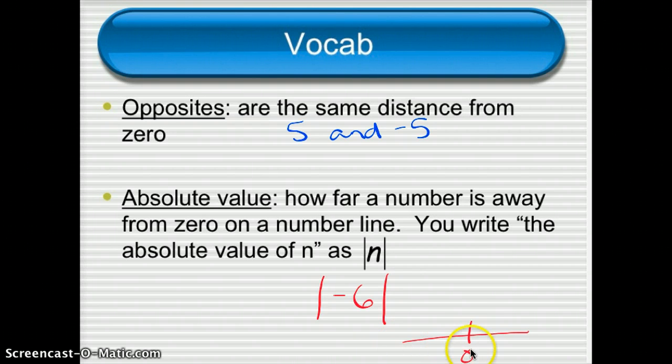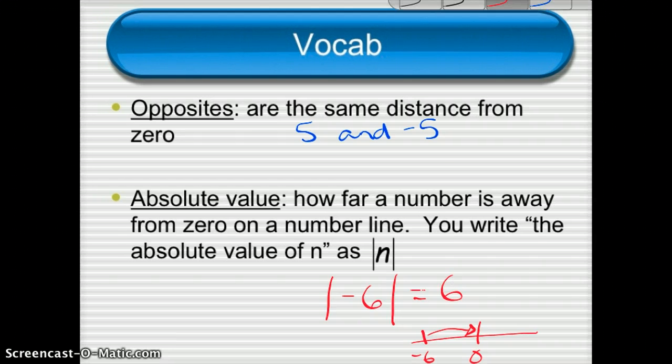And if you thought of a number line, -6 is 6 spaces away from 0. If I wanted a positive number, so say absolute value of 5, if I want to know how far that is away from 0, it's also 5 spaces away from 0, not -5 spaces away. Our distance is not going to be a negative number ever.